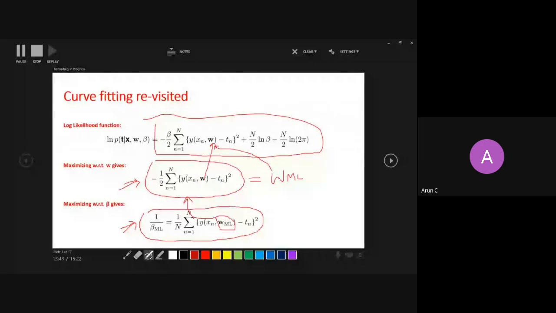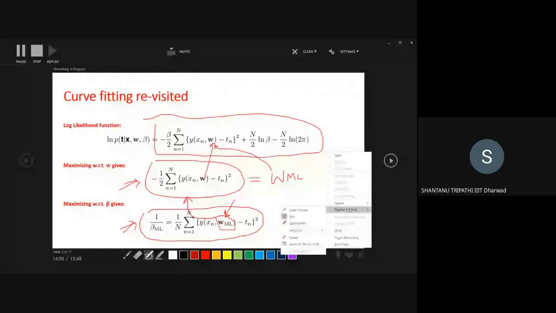Once I get the value with respect to w, I put that value into the expression again and take a derivative with respect to beta. That's why this wML comes here. This wML is the parameter value which is maximizing the function with respect to w. Can I go to the next slide or any other confusion here?